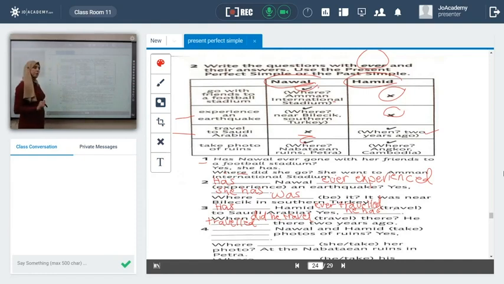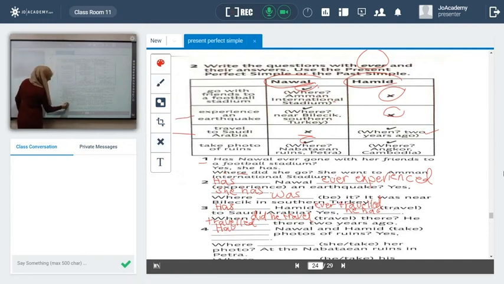Now let's do number 4. Nawal and Hamad take photos of ruins. So in order to form the question, we need to start with have or has. Since we are talking about both Nawal and Hamad, we're going to use have. So have, let's rewrite it.